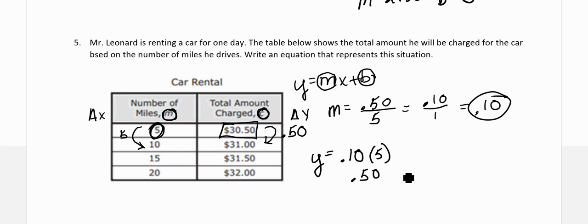So what is this additional charge or my initial amount? I need to add $30 on. So my y-intercept, or my b value, is $30. I also could use the pattern of my table and back it up. So looking at my pattern, if it's increasing by 50 cents for every 5, if I back up 5 more, this would be at 30.